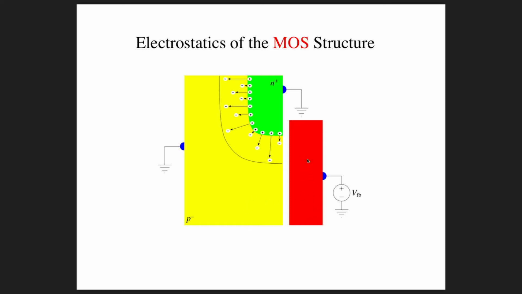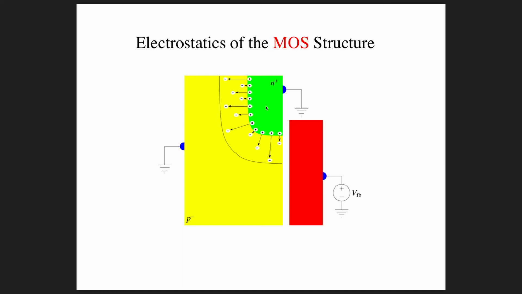Okay, now we're going to be interested in what happens when we put this p-n junction near this MOS structure here. And this is actually called a three-terminal MOS structure because we have here the gate, we have here the bulk or the body, substrate, and here we have this N+ region, which would be basically like the source.